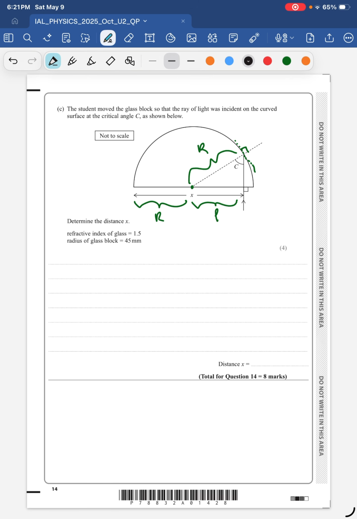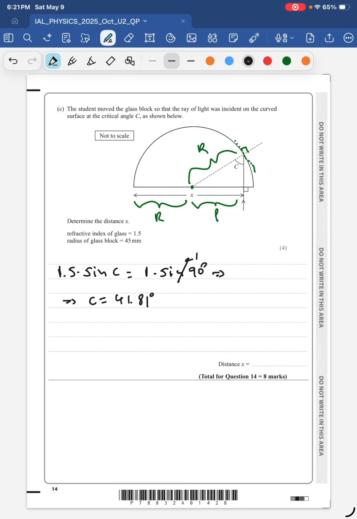Now let's find the critical angle. We have 1.5 times sine of the critical angle should be equal to 1, the index of refraction of air, times sine of 90 for total internal reflection. So that's 1. So the critical angle C is 41.81 degrees.